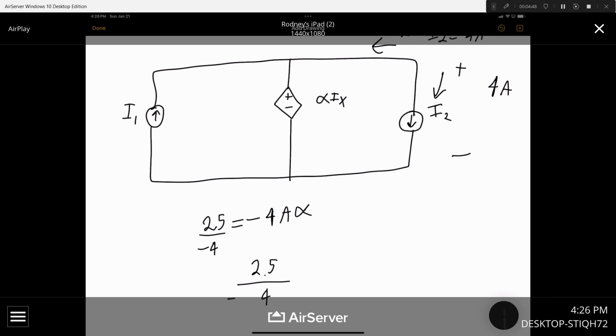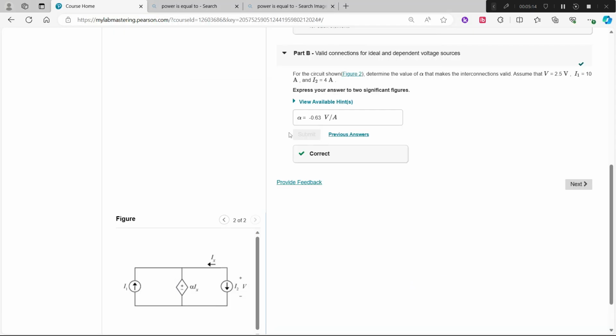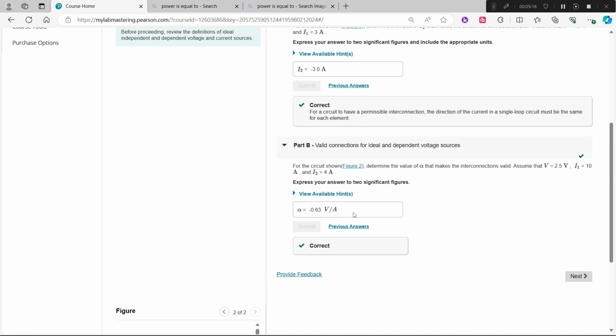What does that give us? Negative 0.625. Does that match our answer? Yes, they rounded it a little, but same.